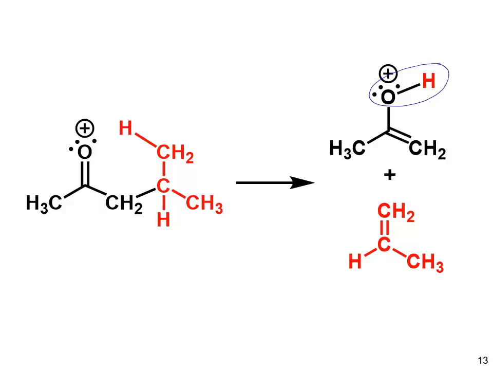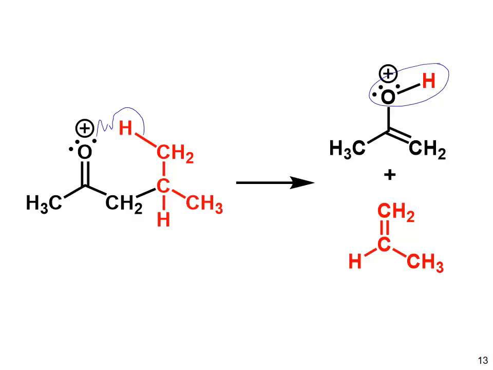So the first step in drawing our mechanism could be that we draw this hydrogen abstraction here. So we start with the lone electron on the oxygen, we put it where the OH bond is going to end up. And then we need to break the bond that binds the hydrogen to the carbon that it's attached to, so we take one electron of this bond and we put it where the OH bond is going to be. So now we form the OH bond.